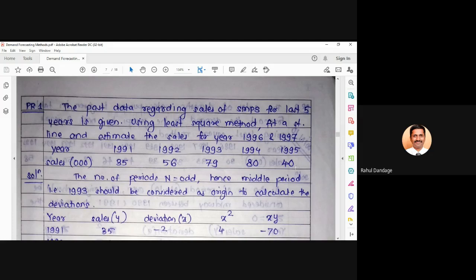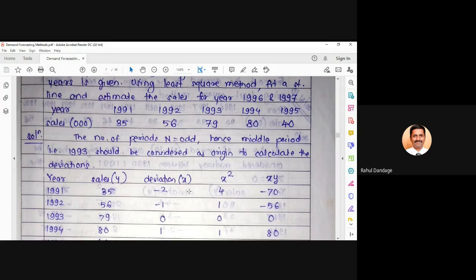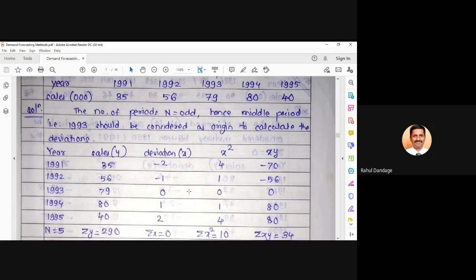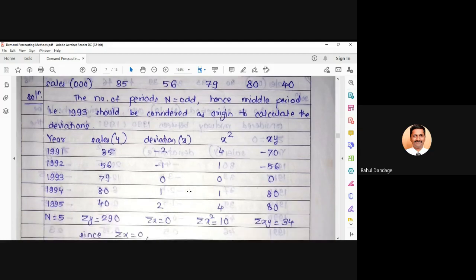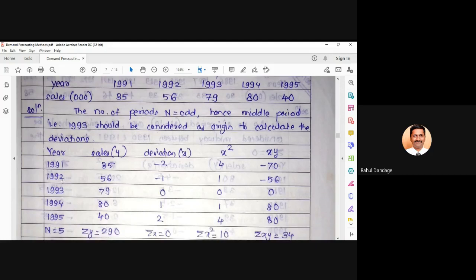For 5 periods, period number 3 is the central, middle period. So 1993 should be considered as the origin to calculate the deviation. Okay, so let us see how to go about this. These are the first two columns, as given in the problem: year 1991, 92, 93, 94, 95.